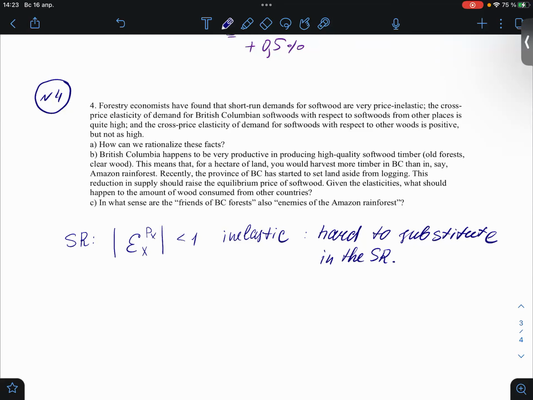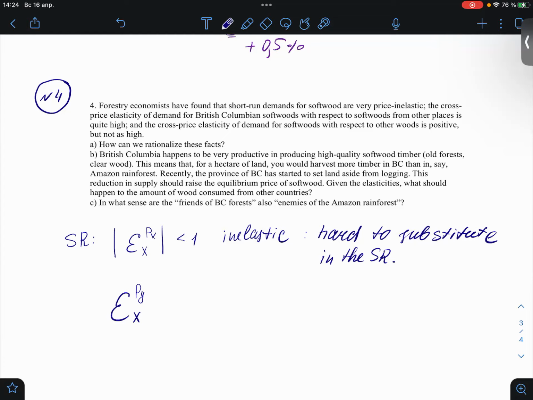Cross-price elasticity of demand for British Columbian softwoods with respect to softwoods from other places is quite high. That means that the elasticity of, let's say, British Columbian softwood by the price of other woods is quite high.